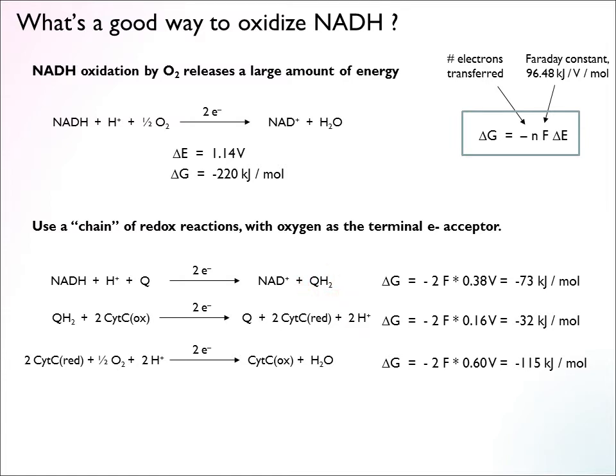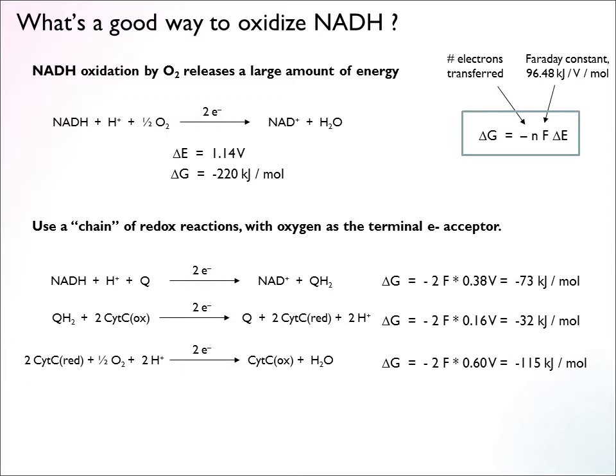And this has still a fairly large delta G, but more manageable. And then in the second step, the quinone reacts with a cytochrome C. This goes from an oxidized state to a reduced state. And again, you get a few kilojoules out of this, 32 kilojoules per mole from that.